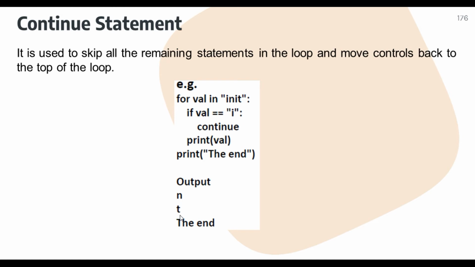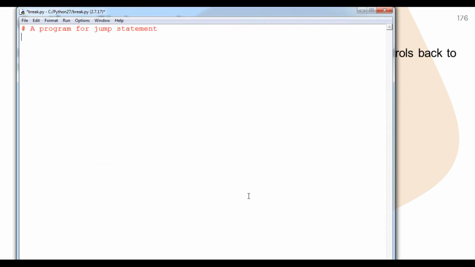Let's see what the output will be, according to the word itself. We are going to just do the program. Suppose a for loop, for i in range, from 0 to 10, which will definitely print till 9. And I am going to use the continue statement.